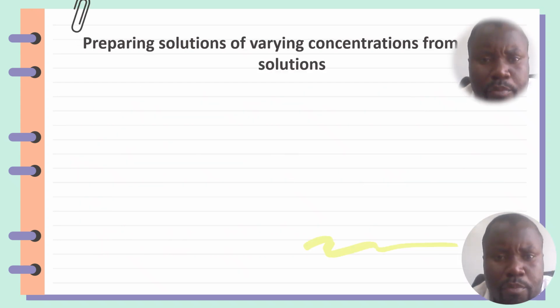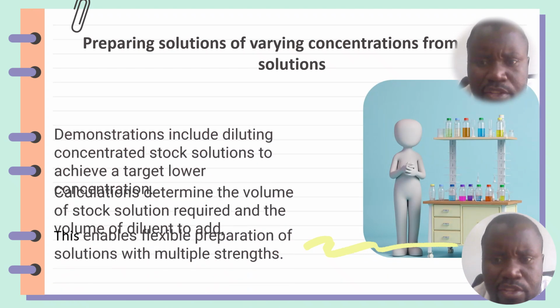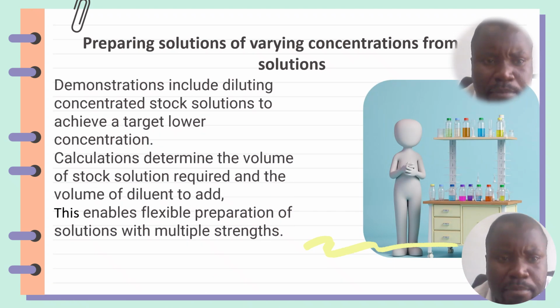What if we want to prepare a solution with varying concentrations from the stock solution? Here it means we have to do some dilutions, and so the principles of dilutions apply. The demonstrations include diluting a concentrated bulk solution to achieve a particular target that is lower in terms of concentration. So what do you do?